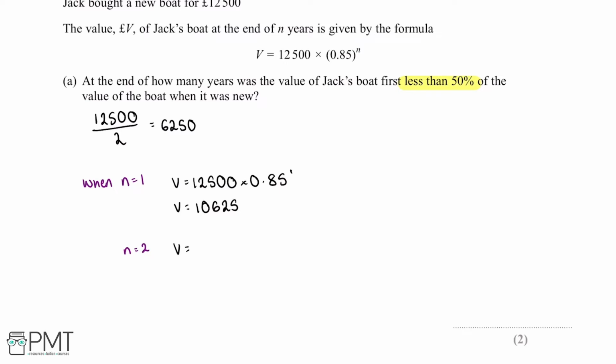So when n equals 2, V will be equal to 12,500 multiplied by 0.85 squared. And this gives us a value of £9,031.25. Now this is also not less than 6,250, so we can move on to when n equals 3.